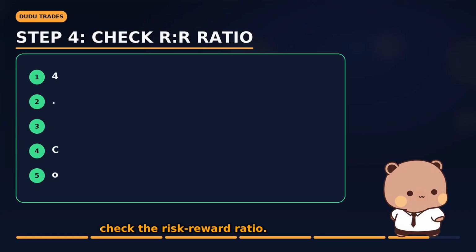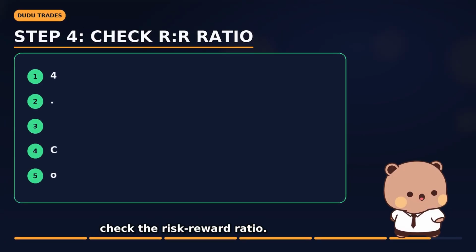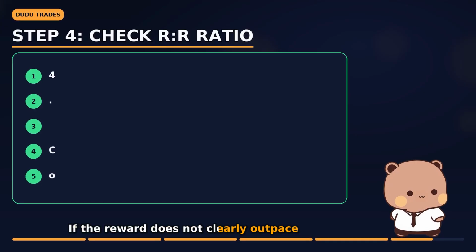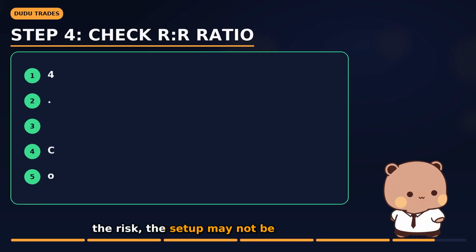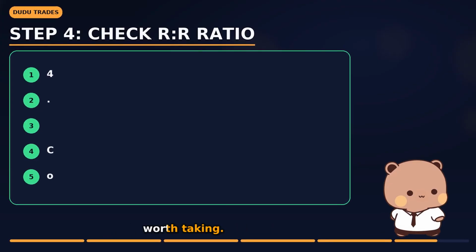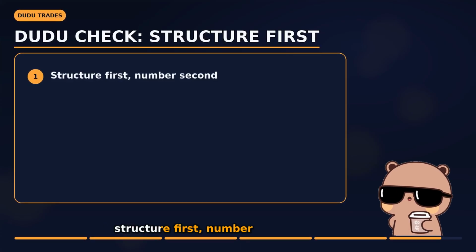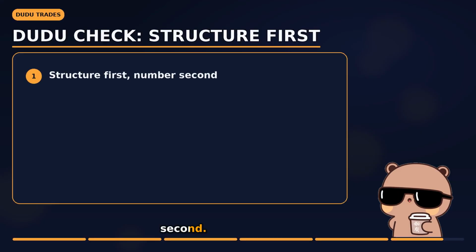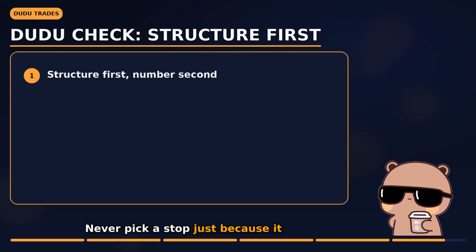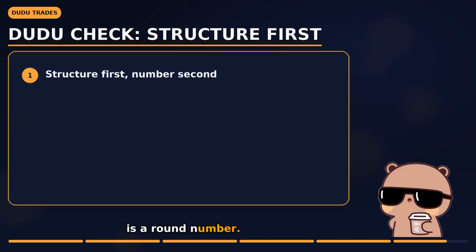Step 4. Check the risk-reward ratio. If the reward does not clearly outpace the risk, the setup may not be worth taking. Remember, the DUDU check, structure first, number second. Never pick a stop just because it is a round number.